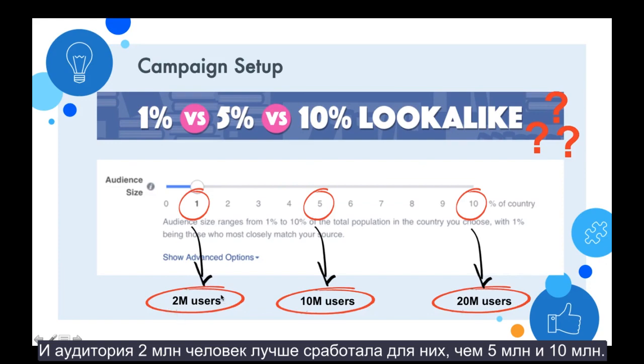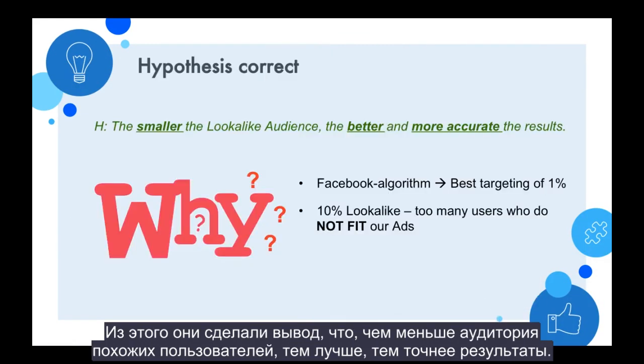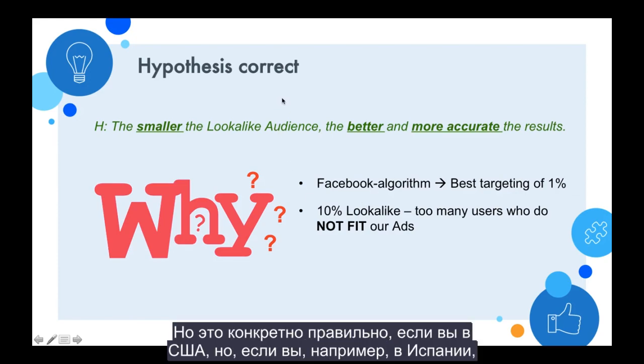And so 2 million was the audience size that worked the best for them, better than 10 million or 20 million. So in general, it's good that they say the smaller the lookalike audience, the better and more accurate the results, because the Facebook algorithm can get better targeting. But this is specifically right if you're in the US.